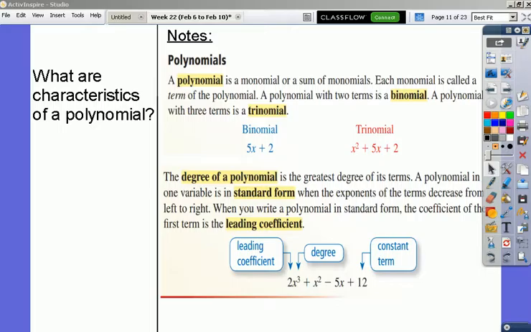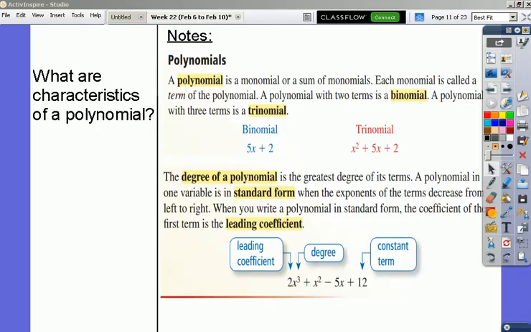Okay, so what is a polynomial? A polynomial is made up of more than one monomial. It's a monomial, so it can be the monomials that we looked at, or a sum of monomials. So, in other words, every monomial is a polynomial, but not every polynomial is a monomial.